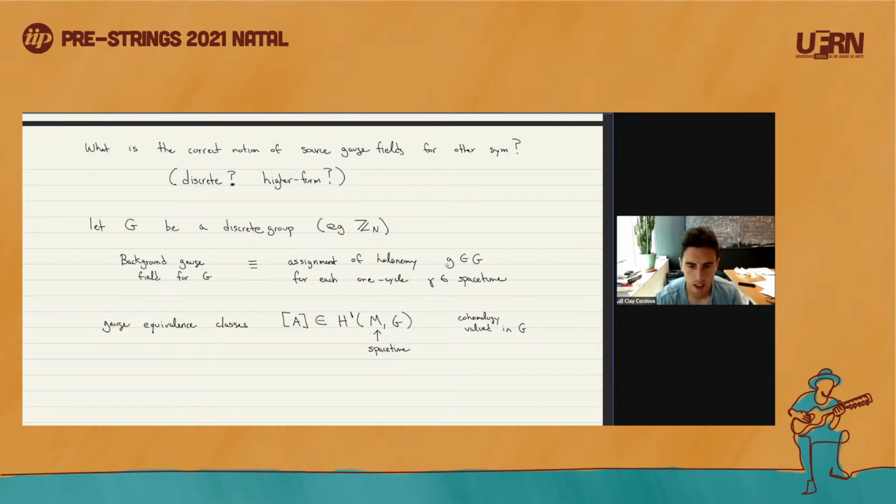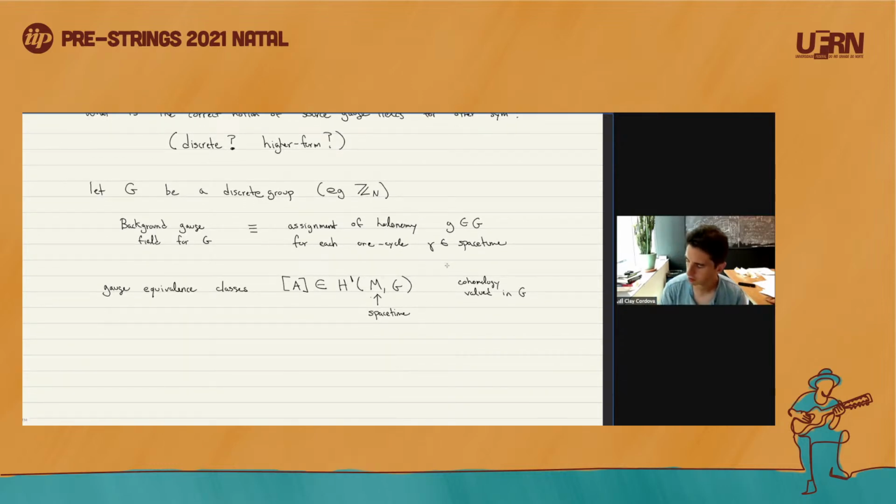It has two properties. It's closed. So the exponential of i integral of A along gamma, this is something that we can ask: we can ask what the holonomy of A is along gamma. That's what I'm doing here. This is 1 if gamma is a boundary.